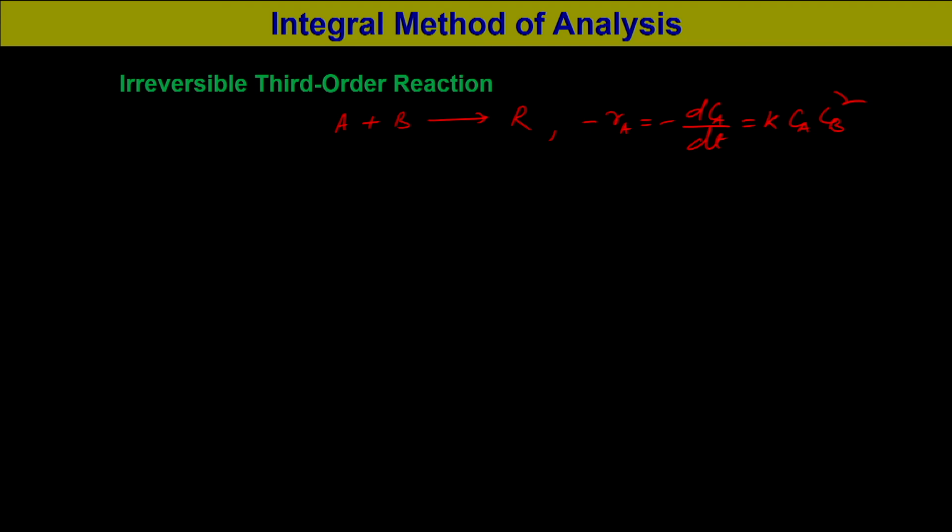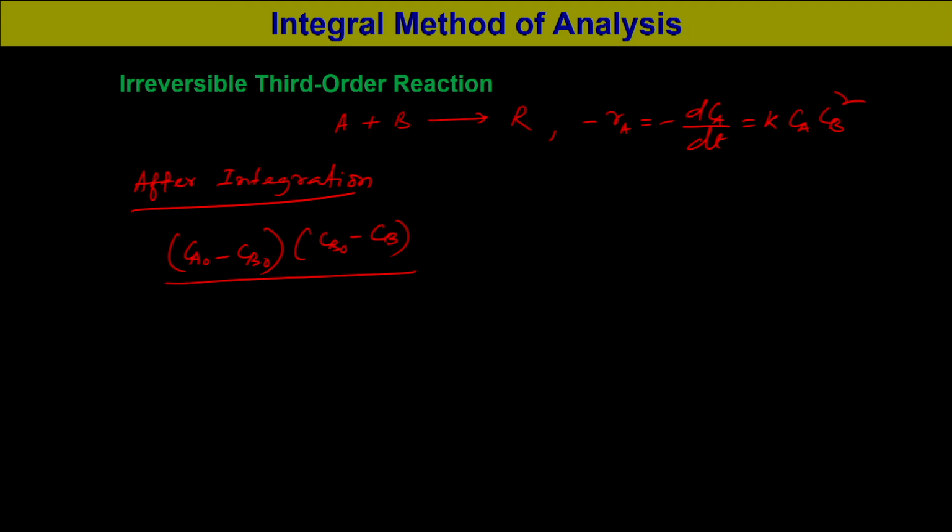Now, if we integrate this equation like earlier, we would obtain (C_A0 minus C_B0) into (C_B0 minus C_B) divided by C_B0 C_B plus ln (C_A0 into C_B) divided by (C_B0 into C_A), which is equal to (C_A0 minus C_B0) squared into kt.